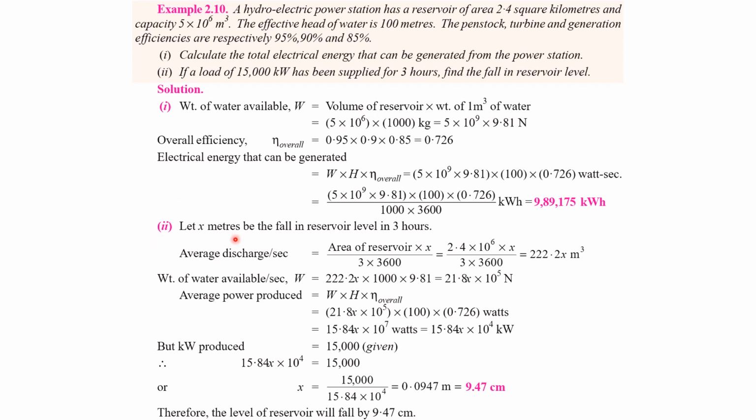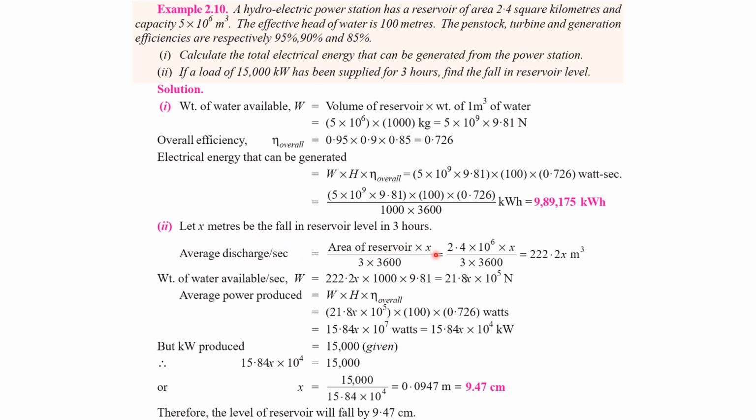This is one of the ways in which you can do it, and then we are going to look at an alternative way, which is much simpler. But let us look at the problem first via algebra. If you specify that the fall in reservoir in 3 hours is x, then first you have to know the average discharge per second.